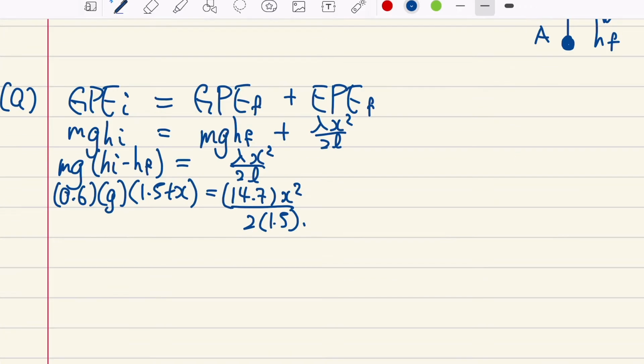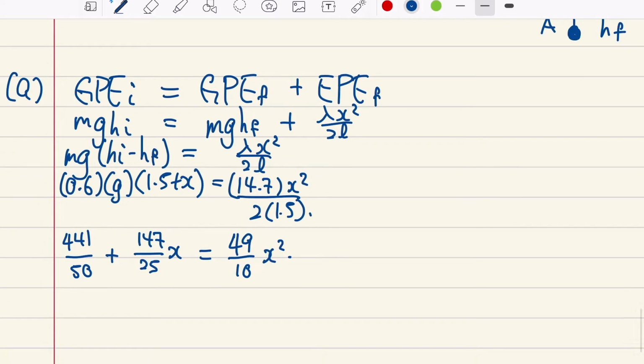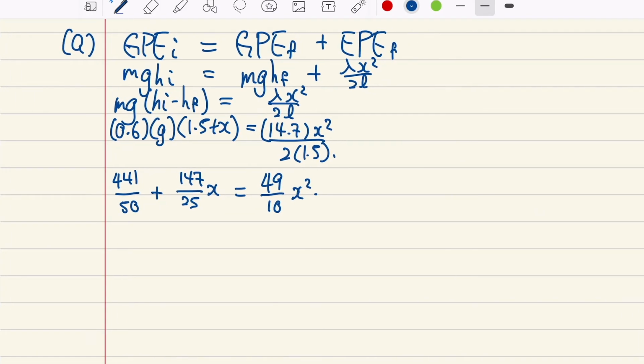So we get 147 over 25 plus 441 over 50 x, which equals 49 over 10 x squared. Here we got a quadratic equation.